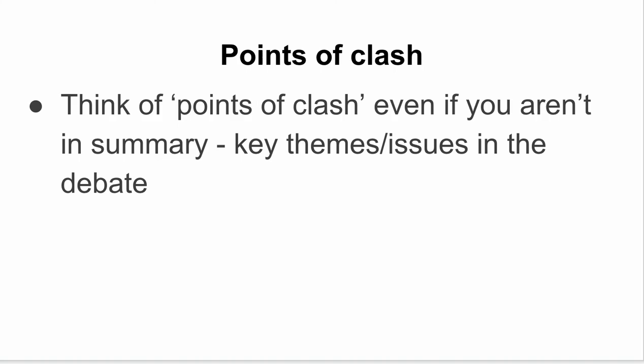Again, if we're talking about politicians not being allowed to hold public office if they've got a criminal record, it could be about accountability. It could be about role models. These are the key themes, key issues that are going to come out. So even if you're not in summary, this can be a useful thing to think about, points of clash.